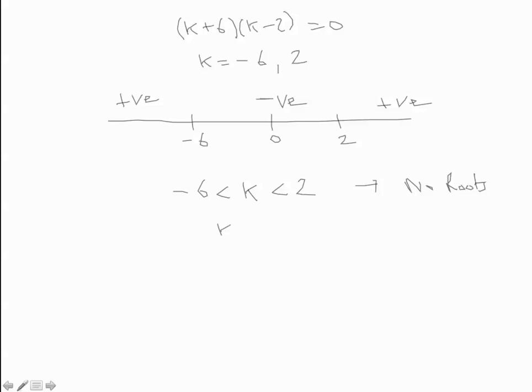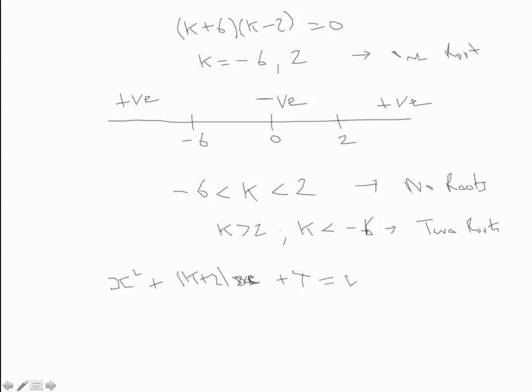So when k is greater than 2, and when k is less than negative 6, we get positive, so there'll be 2 roots. Remember, we're looking at the equation x squared plus (k plus 2)x plus 4 equals 0.